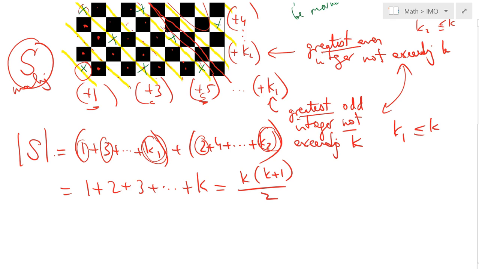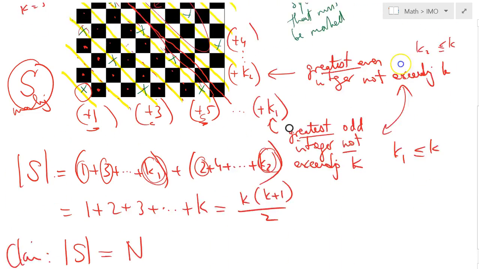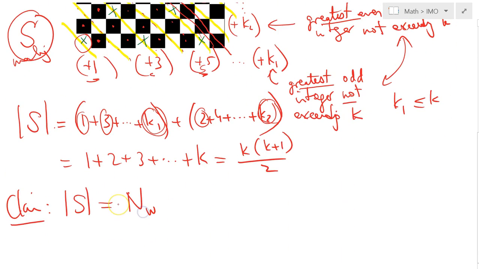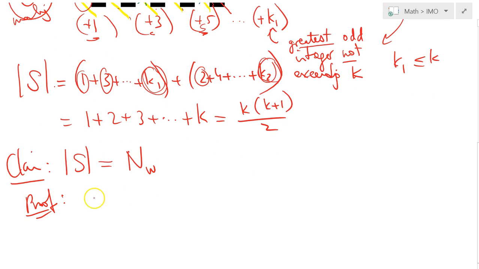Now in the next step, I want to show the claim. I claim that S is actually equal to NW, in this case, because I marked the white ones. That's what I need to show. Proof. So first I claim that NW cannot be less than S, which is this sum here.